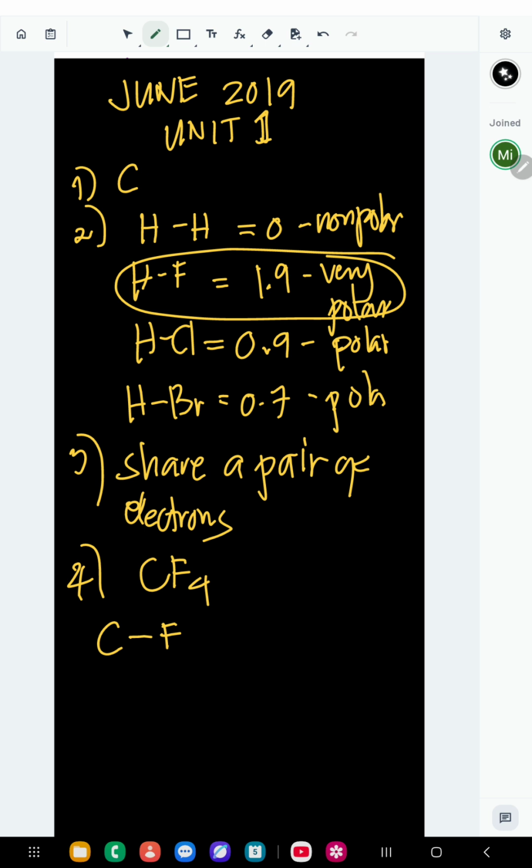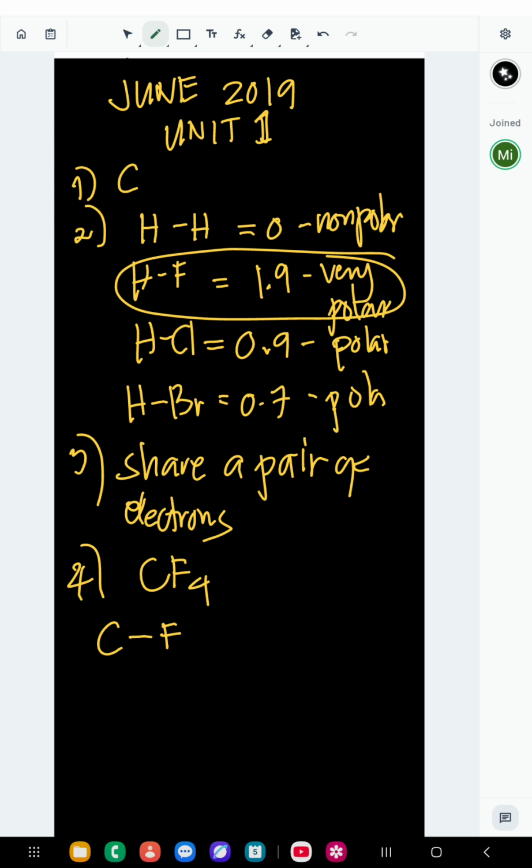Fluorine here is much more electronegative than carbon, and based on the given molecular structure, this molecule is tetrahedral and symmetrical, so the bond dipoles here cancel out, right?